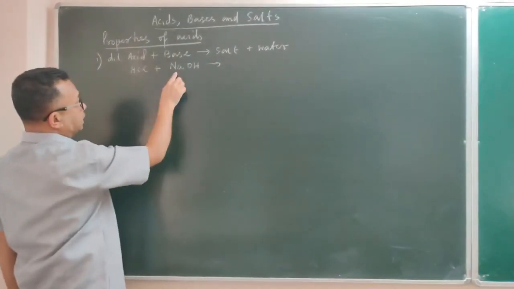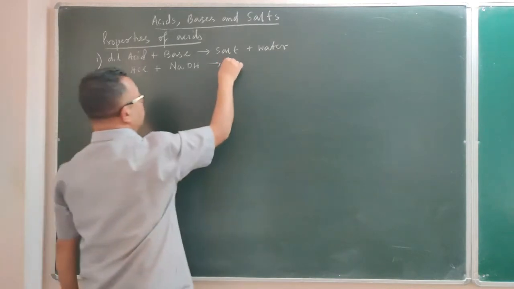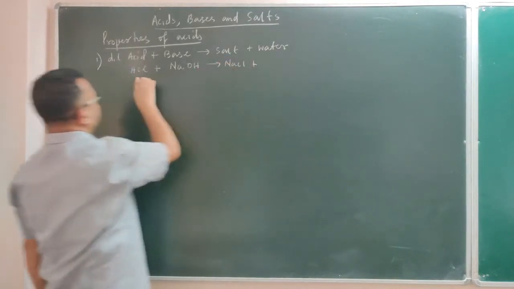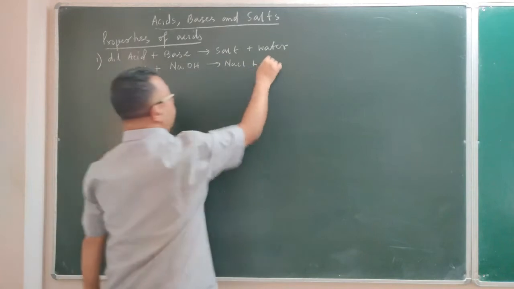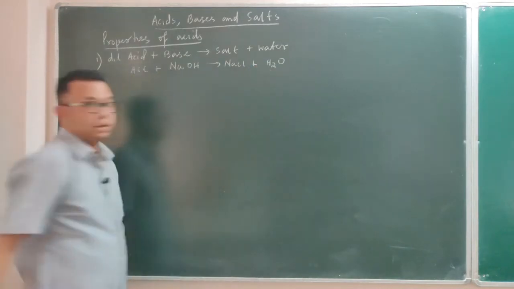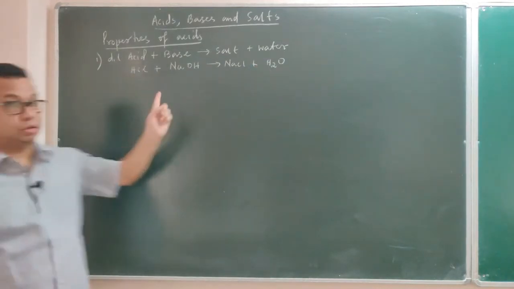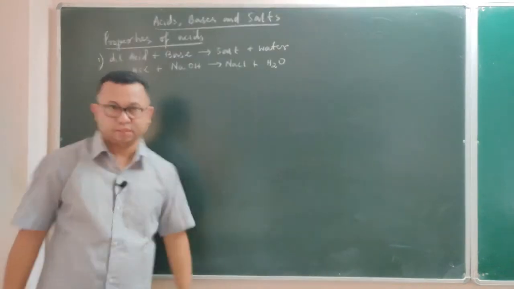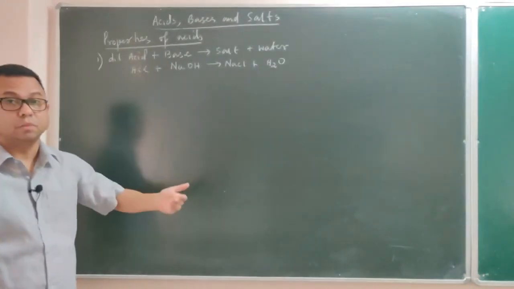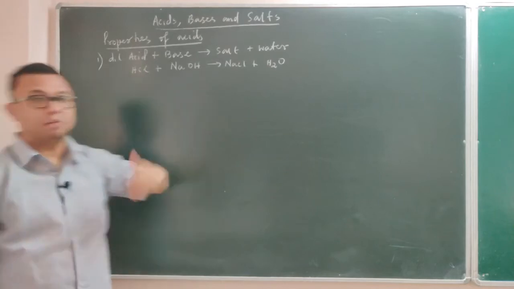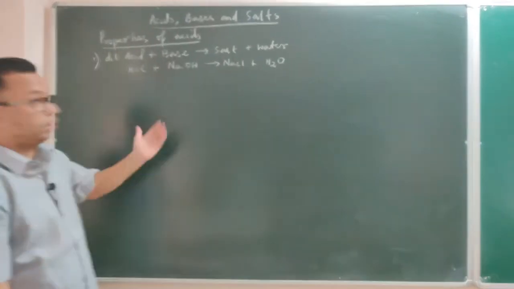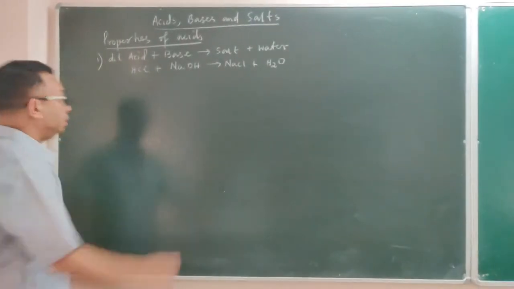They will exchange the radicals. Sodium will go and join with chloride to form sodium chloride, and the H will go and join with OH to form water. This is property number 1, and this property is also applicable for bases. Later, when I discuss the properties of bases, the same property will come up, because this is the property of base also, number 1.